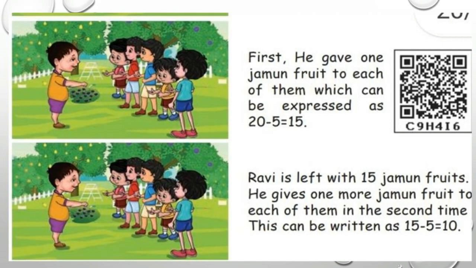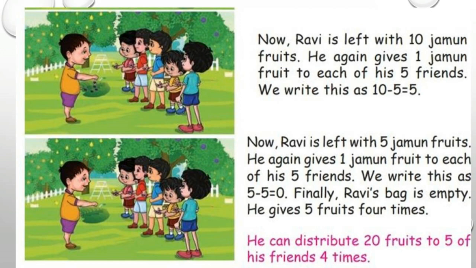Now Ravi is left with 15 jamun fruits. He gives 1 more jamun fruit to each of them in the second round. This can be written as 15 minus 5 is equal to 10. Now Ravi is left with 10 jamun fruits. He again gives 1 jamun fruit to each of his 5 friends. We write this as 10 minus 5 is equal to 5.